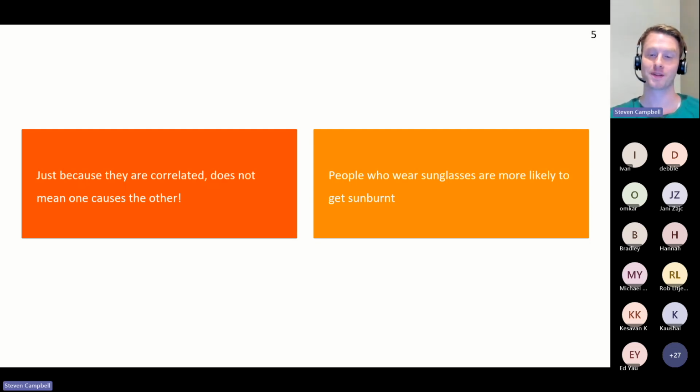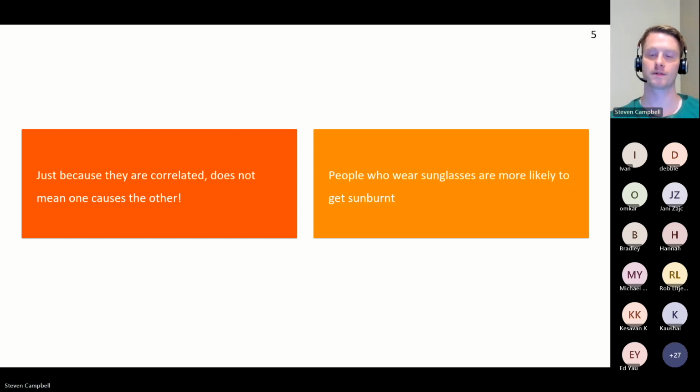And here's a big one. If I was to go where I am now in Dubai and count how many people are wearing sunglasses, and then also count how many people are sunburned, those would both be quite high. When I get back home to London, it's a bit rainy there. Probably not many people are wearing sunglasses and probably not many people are sunburned.